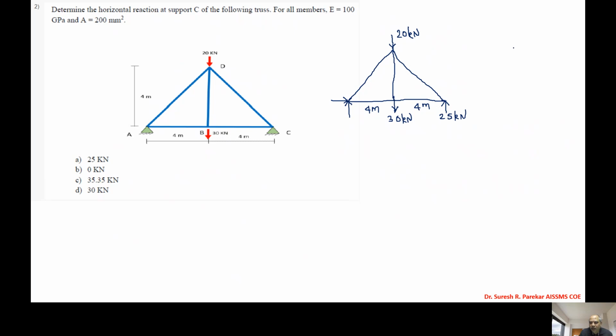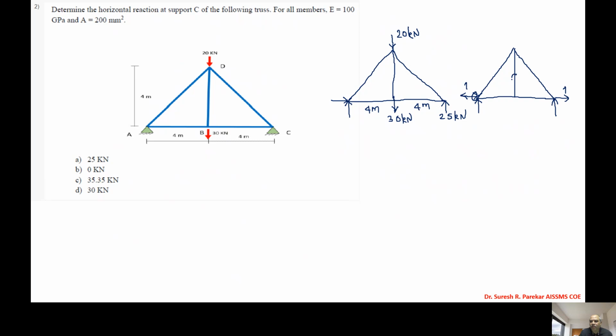Now we have the horizontal reaction at C as redundant, so I will go simultaneously with that also. We have two reactions over here, one reaction over here, and this we are going to apply as 1. Now by summation Fx equals 0, we will get this reaction 1.